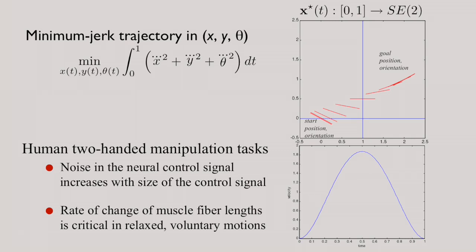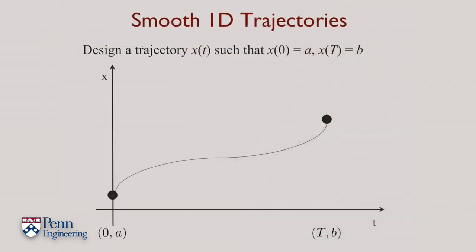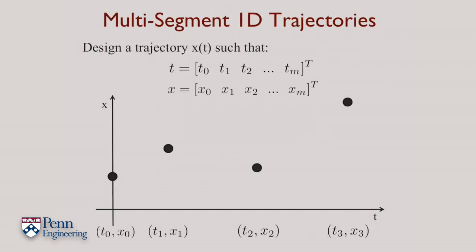But we turn back now to our problem in robotics. In robotics, it's not sufficient to specify just the initial and final position and orientation. In order to ensure the trajectory is safe, you might want to specify intermediate waypoints. Instead of thinking simply about trajectories with known starting and end configurations, we want to think about trajectories that pass through intermediate waypoints.